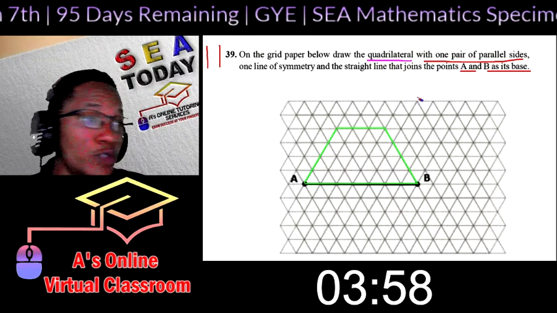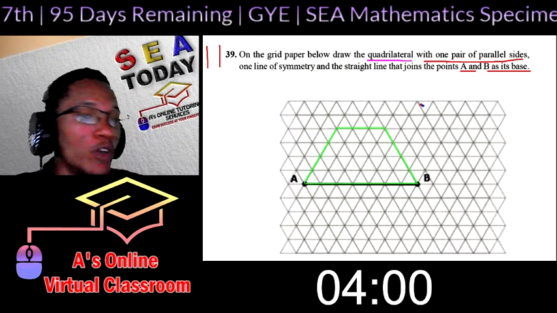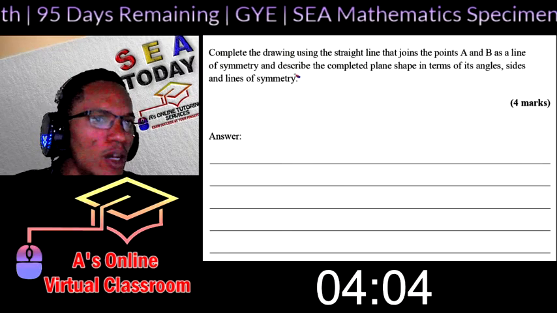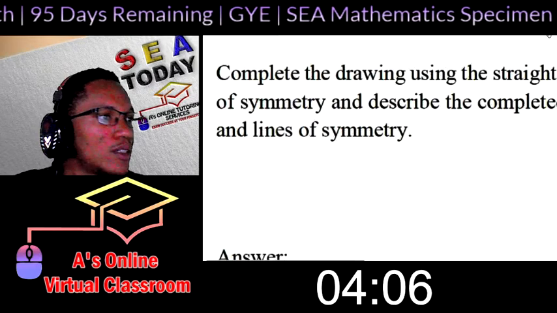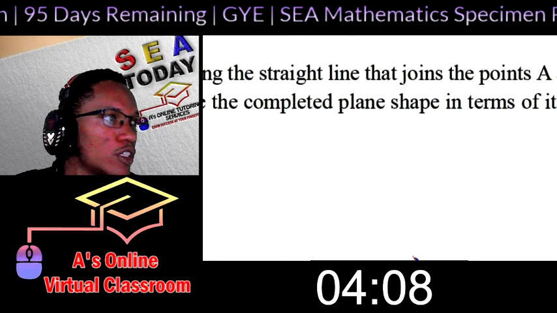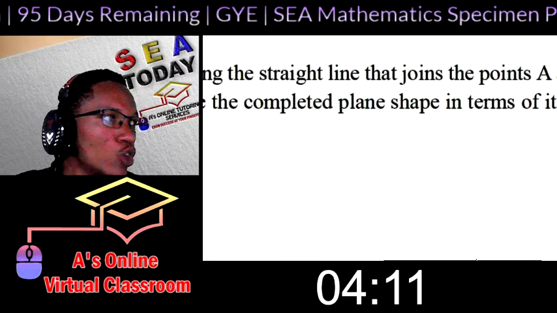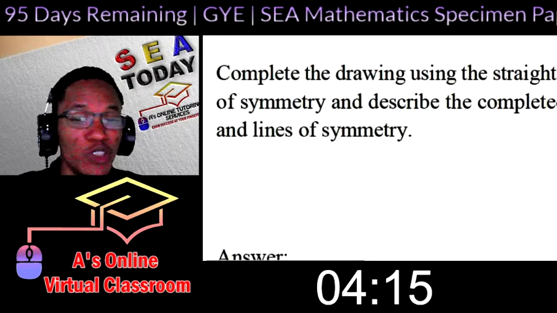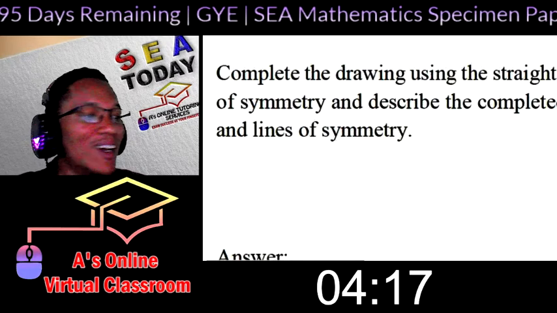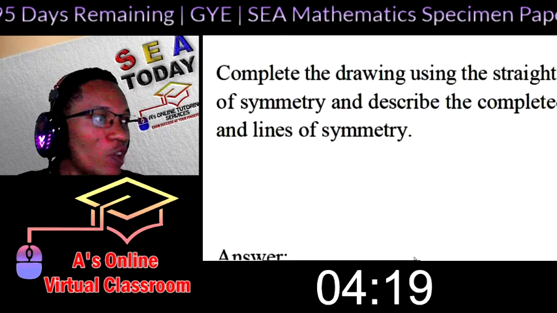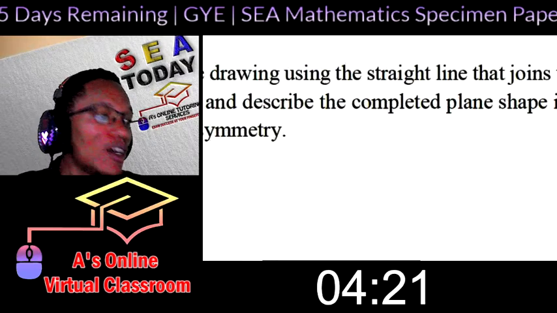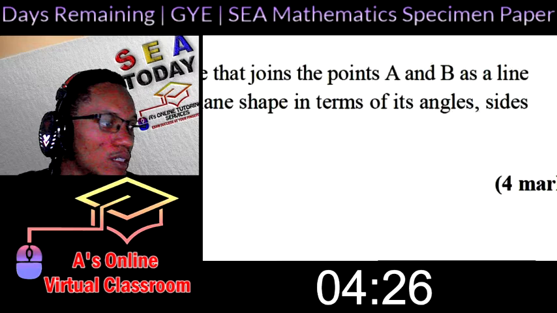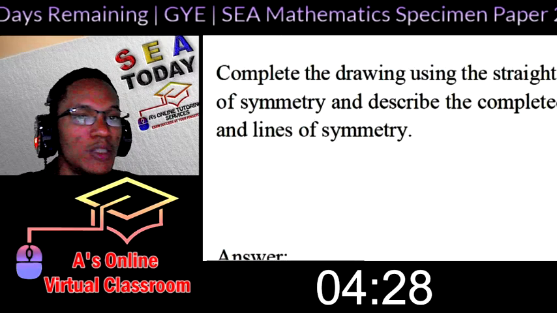Alright, so that's the first part of the question. We're going to go on to the second part of the question here that says complete the drawing using the straight line that joins points A and B as a line of symmetry, right? And describe the completed plane shape in terms of its angles, sides, and lines of symmetry.